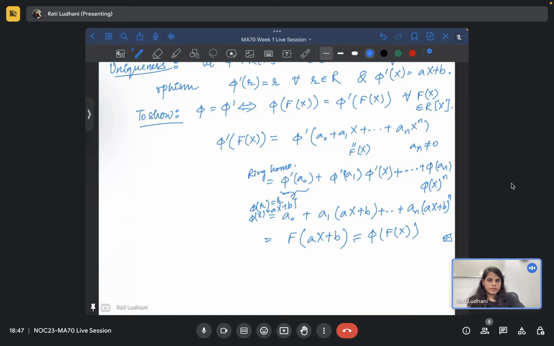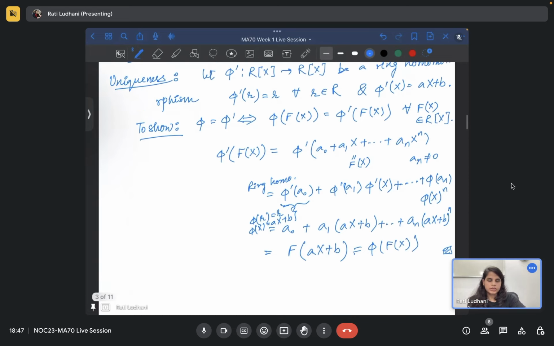Does anyone have any issue with this? You can ask. If you have any doubt, just let me know. So basically, when we constructed it, that was a unique construction. You cannot get anything else from here.